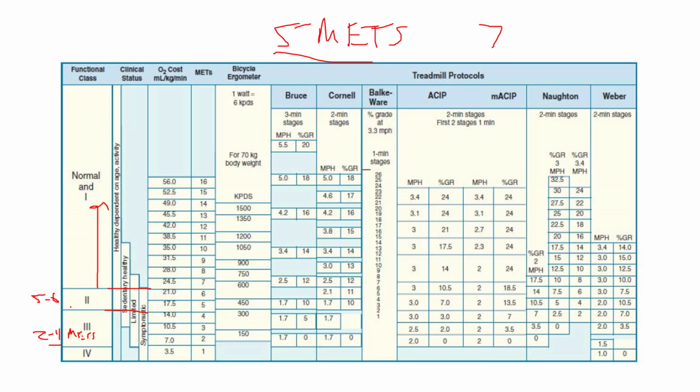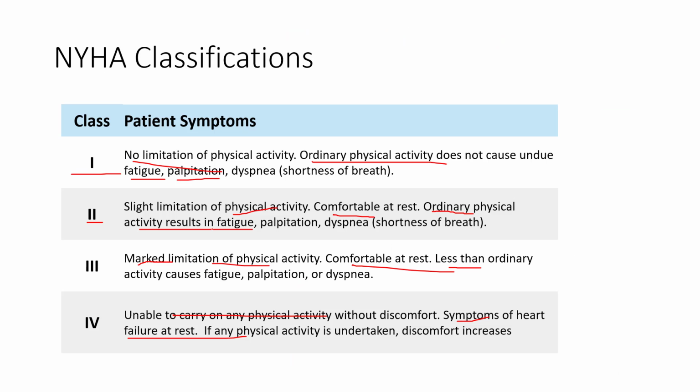Now, class 2, we said for class 2 patients, slight limitation, comfortable at rest. So again, we'll say this is 7 or above, this is 5 to 6 METs, this is 2 to 4, and this is a 1 MET capacity, roughly. These are all estimates, but a pretty good general rule of thumb. So most ADLs are 5 METs.